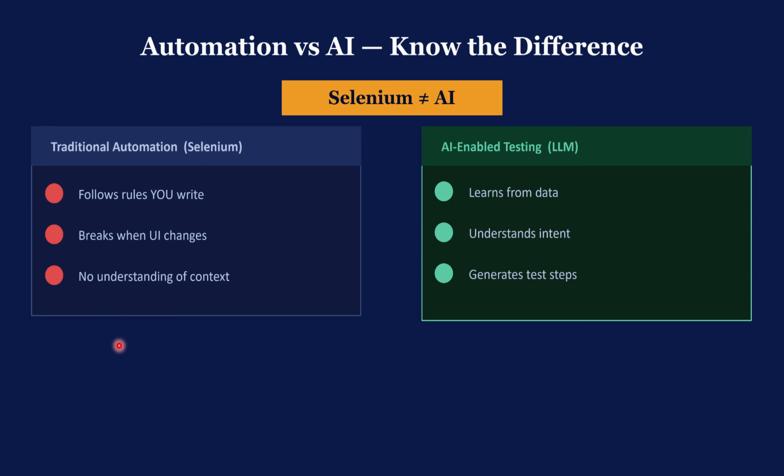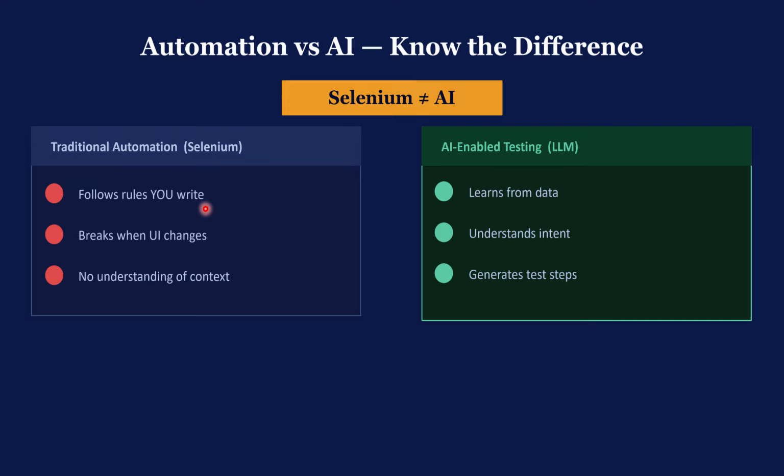Now, here's a quick question. Where does Selenium or any automation tool fit in this entire AI map? The answer is it doesn't. Selenium is an automation tool, not AI. It follows rules you write.